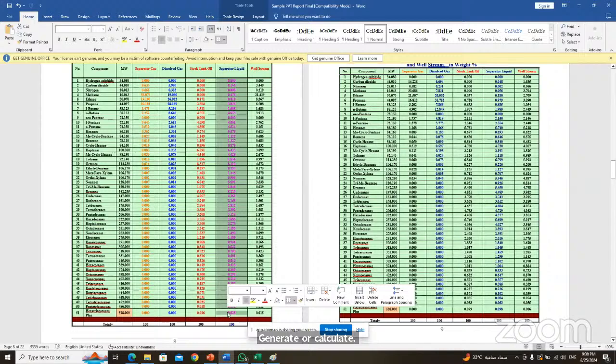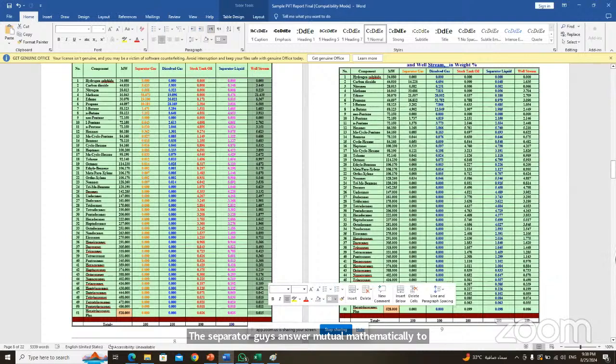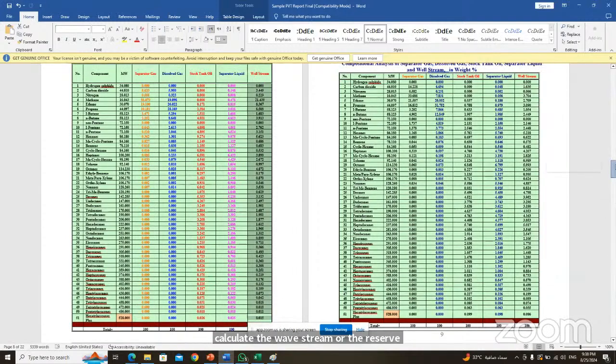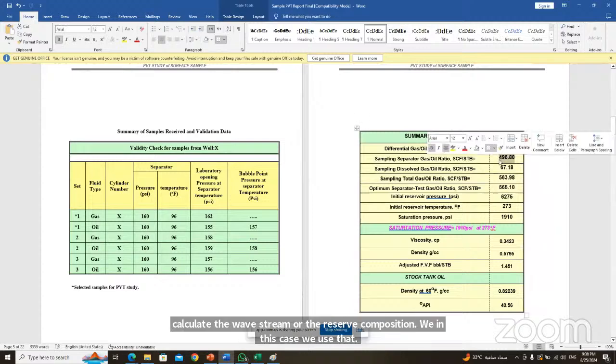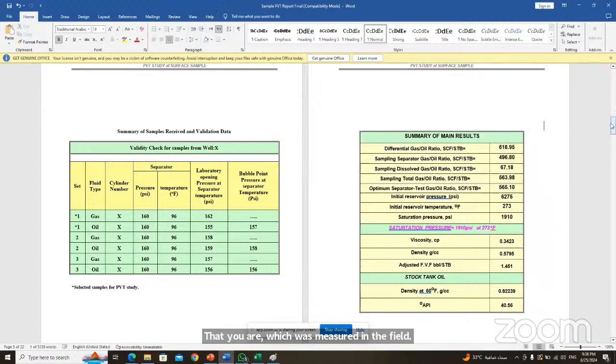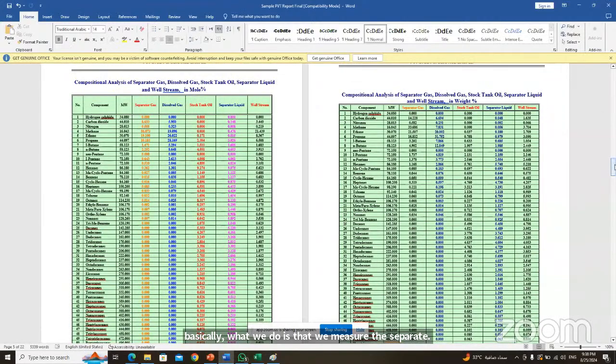Then in another step, we recombine the separator gas and separator liquid mathematically to calculate the well stream or reservoir fluid composition. In this case, we use the GOR which was measured in the field. So basically we measure the separate compositions for oil and gas, then use the GOR to calculate the average reservoir composition.